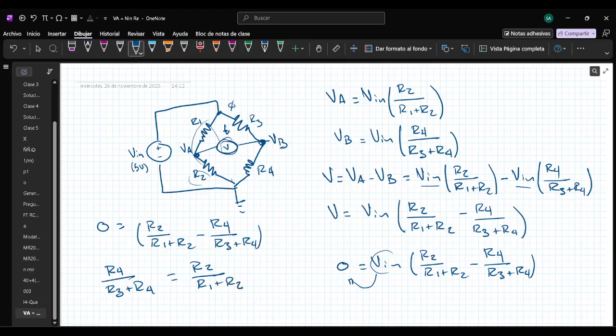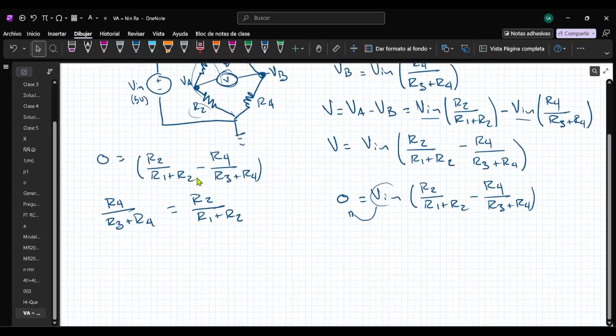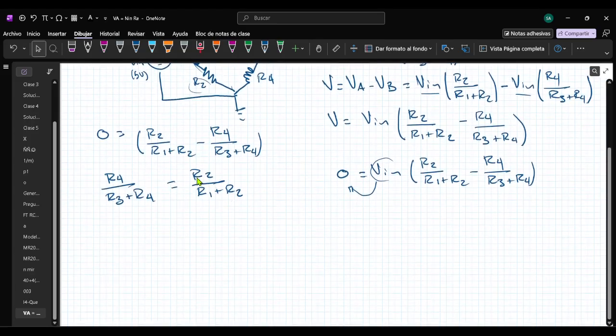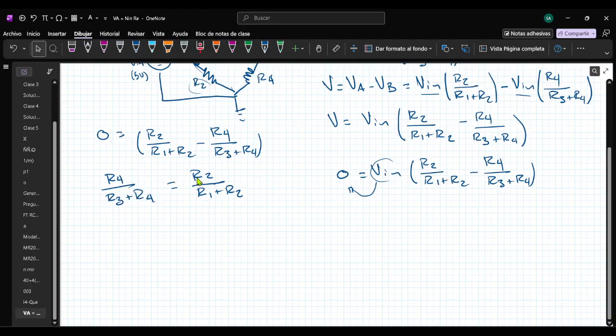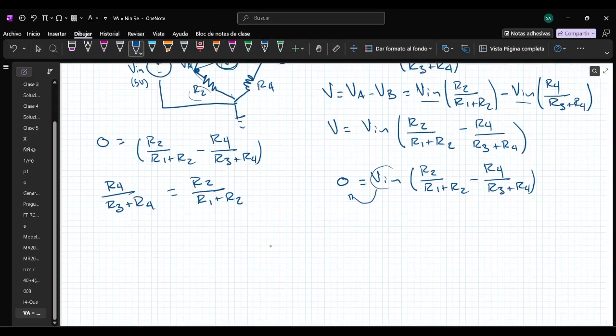Okay, that's fine. Now, this tells me that if I know 3 of these values, I can already calculate the other one, right? Because we have 4 values here. If I know 3, I have just one unknown. So I can calculate that, and that will be really easy.